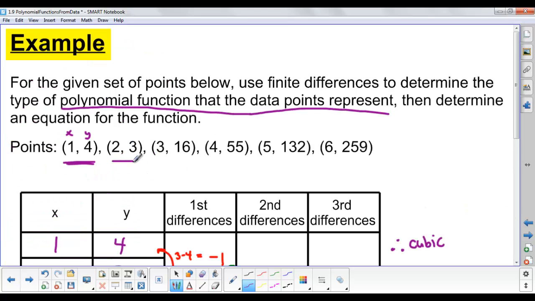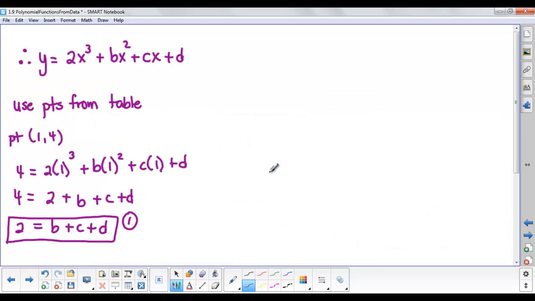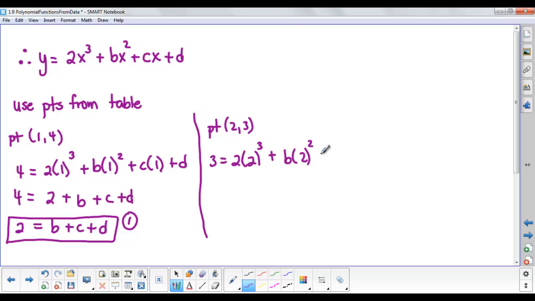The next point we need is 2, 3. So we'll do the same thing. Y equals 2x cubed plus bx squared plus cx plus d.